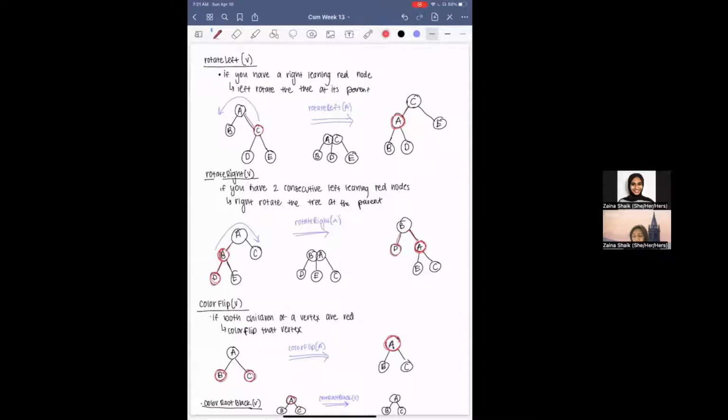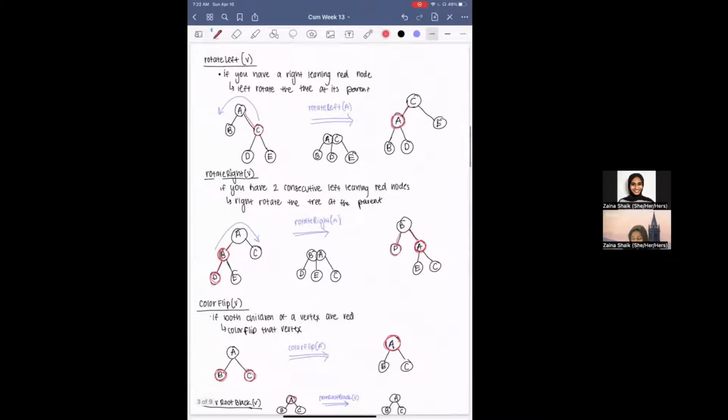So if you have a right-leaning red node, what you want to do is rotate left on its parent. And so in this example, you would rotate left on A, and then I drew out a sub-step of what happens.